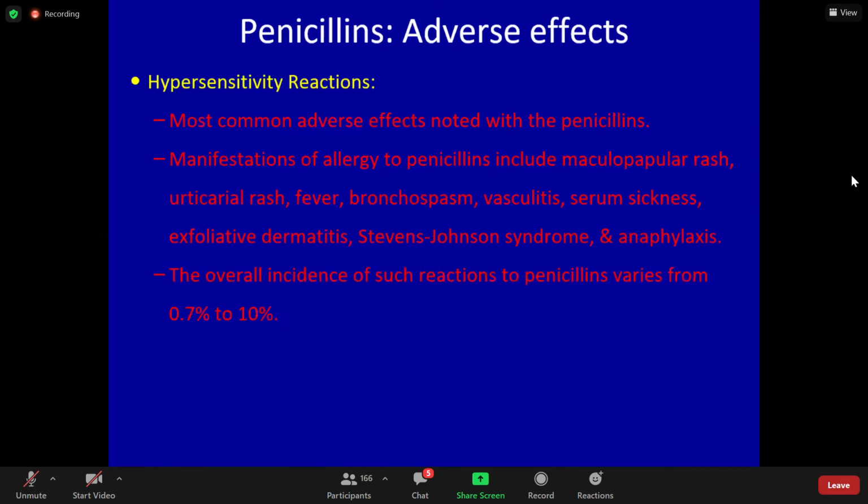The overall incidence of such reactions to penicillins is low, and keep in mind there is cross allergenicity among all penicillins. What does it mean? Cross allergenicity.